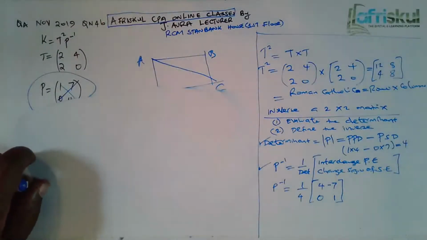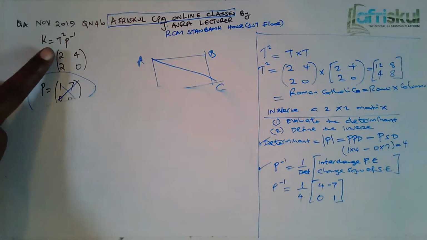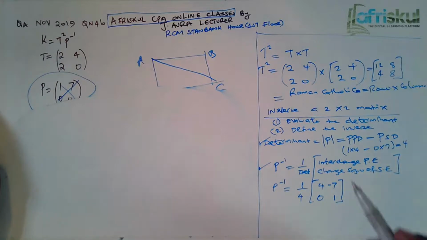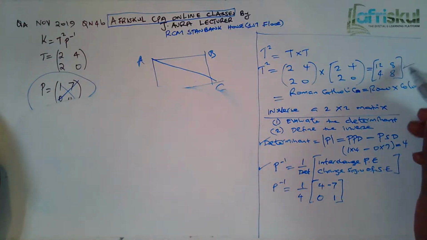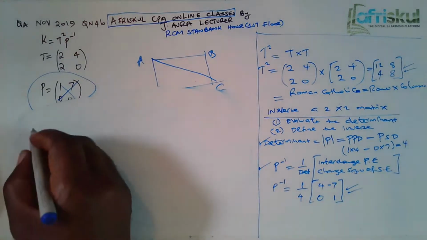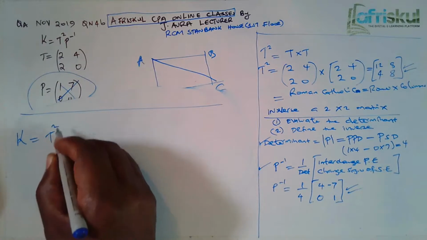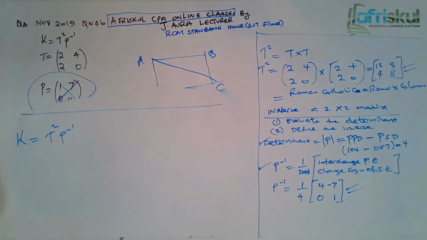Remember, they wanted us to calculate this K, which is T squared multiplied by P inverse. Already, we have been able to get the T squared and the P inverse. So we'll simply conclude that K is T squared P raised to -1.